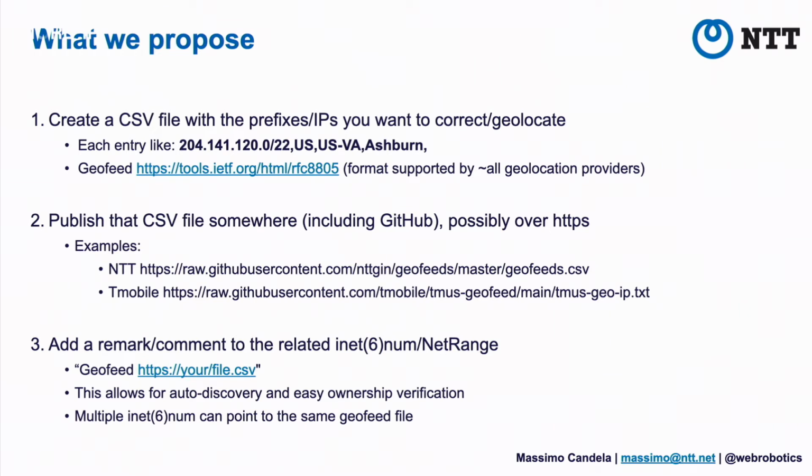So what happened with this step? What you did here by creating this remark for the parent inetnum is that you made this file auto-discoverable. You made the process of discovering this file automatic, and also you associated it with the WHOIS data, which are authoritative for the resource. So you basically created a link that is easy to verify for ownership.